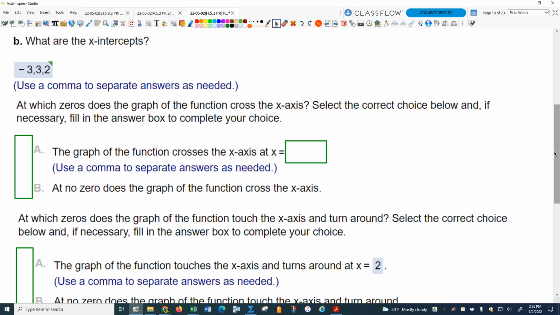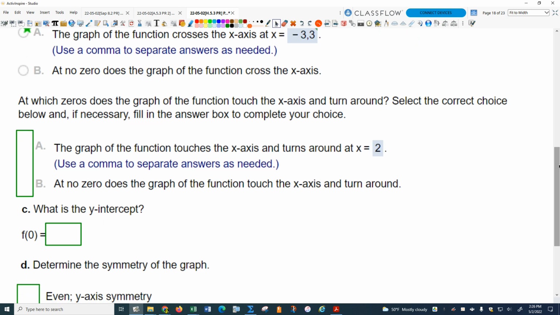Okay, so the graph of the function crosses the x-axis at negative 3 and 3. At which zeros does the graph of the function touch the x-axis and turn around? Well, the way we say that, remember, we just call that bouncing. That's going to be at x equals 2. Okay?